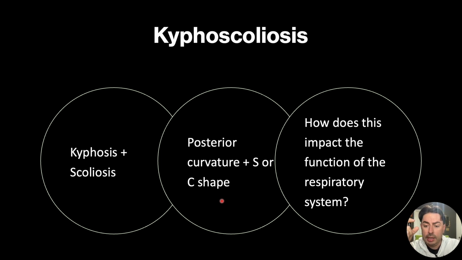Well, one, it's going to compress the lungs on the affected side, and it's going to really restrict any sort of alveolar expansion. So it's going to lead to some alveolar hypoventilation. You're going to have mediastinal shifts. You're going to have an increase in mucus accumulation and even some atelectasis.